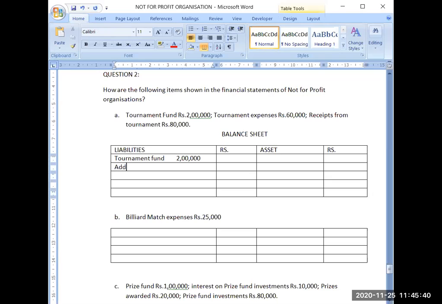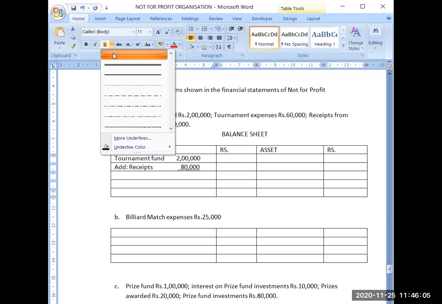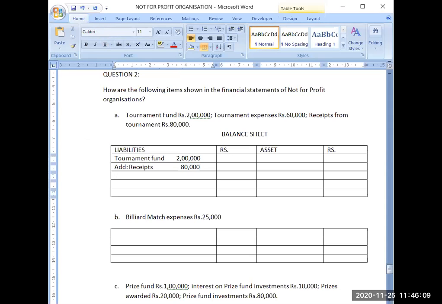Add receipts, which are 80,000. So the total will become 2,80,000.